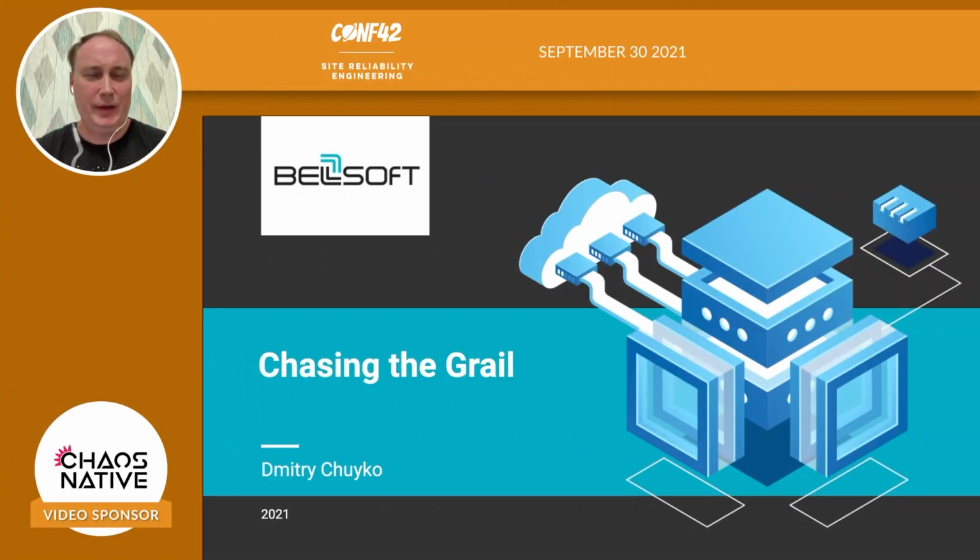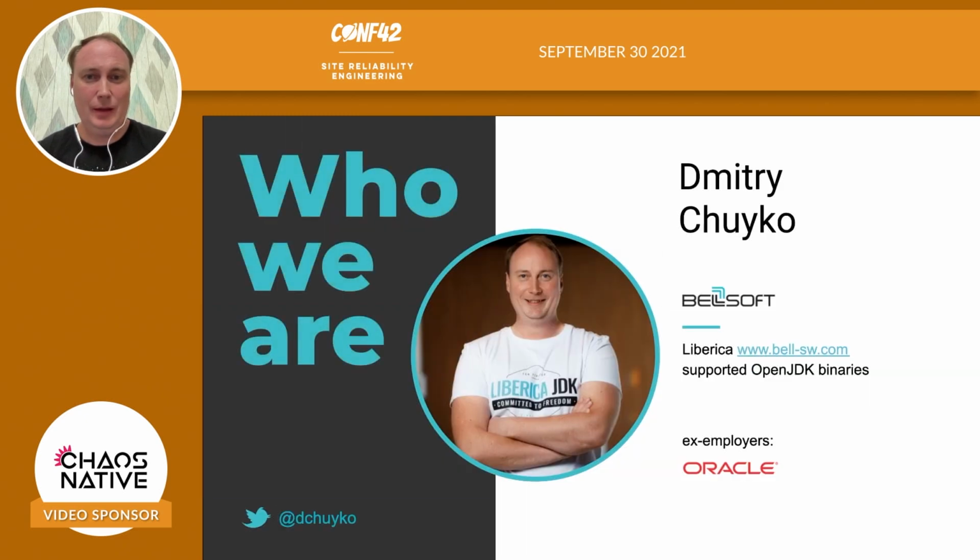Hello, it's Dmitry Chuyko, and we will be talking about reaching effectiveness for modern Java applications and still keeping them reliable in modern deployments. I work at a company named BellSoft.